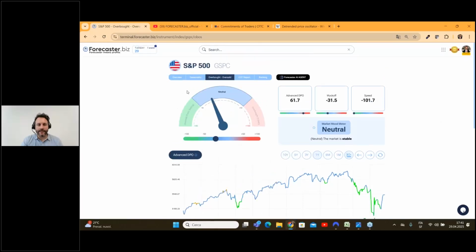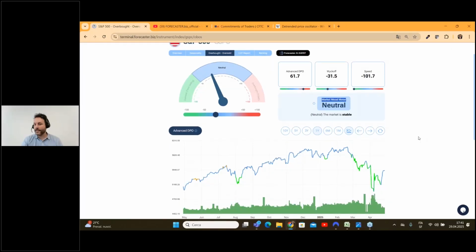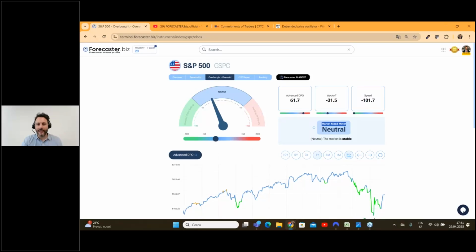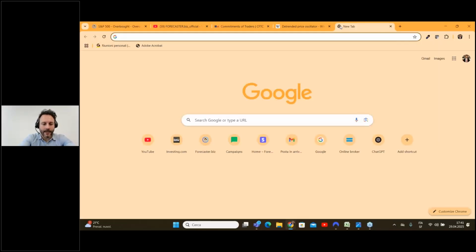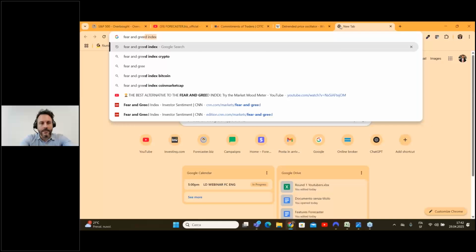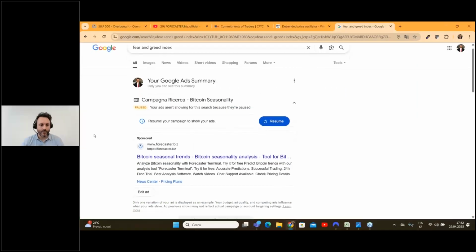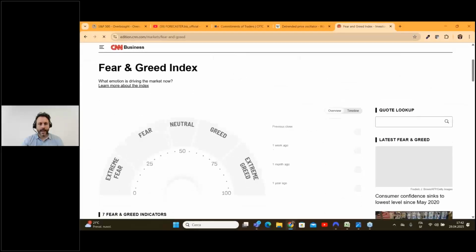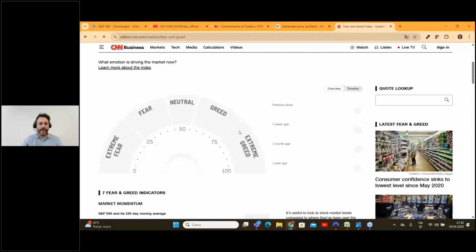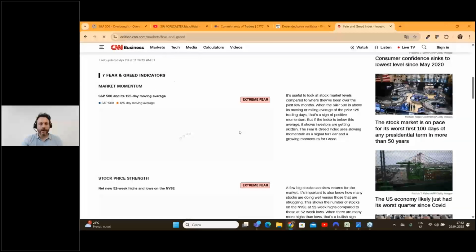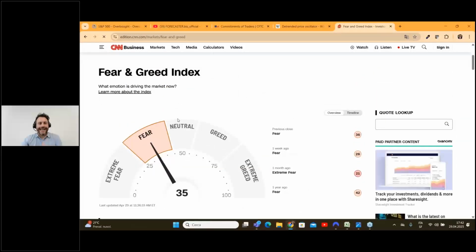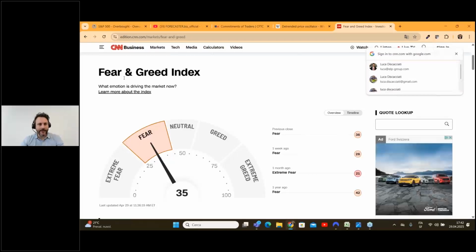Okay, so let's go, for example, here. What we can find is this indicator, which is the market mood meter. It's a very nice indicator. It's something inspired by the fear and greed index, which is an indicator made by CNN. And this indicator is telling us if at the moment in the market we have fear or greed.